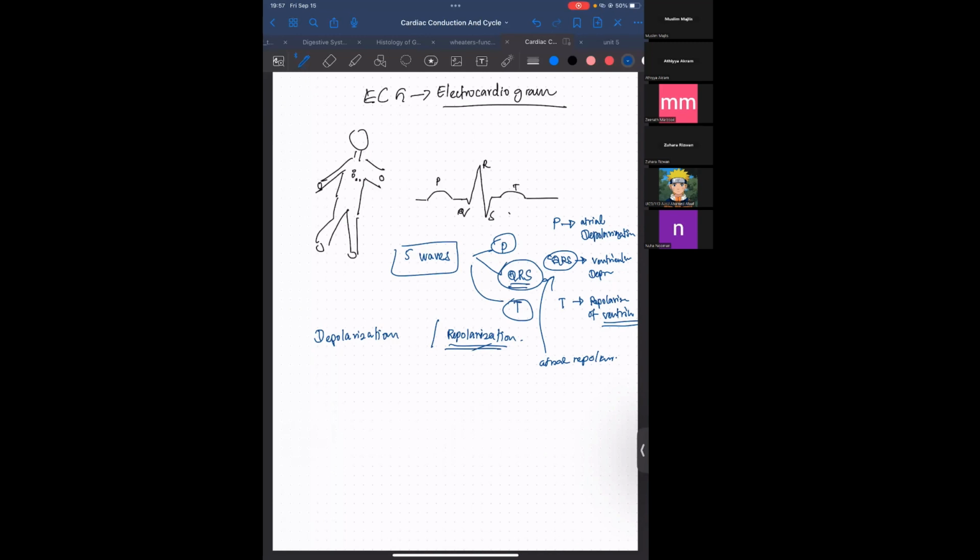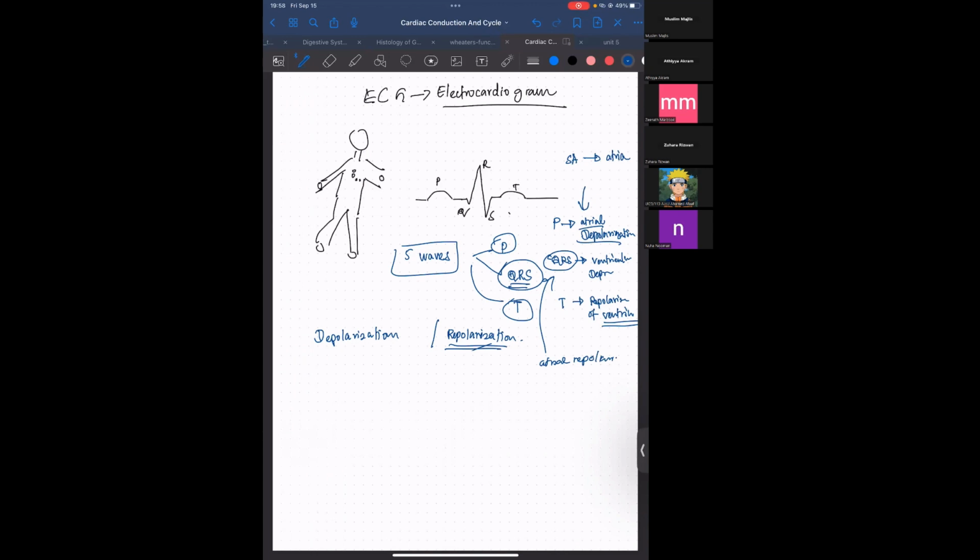So again, the P wave represents atrial depolarization, the impulse that travels from the SA node over the atria.